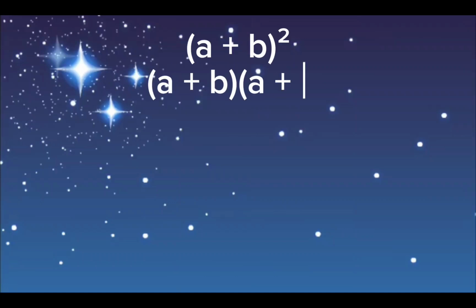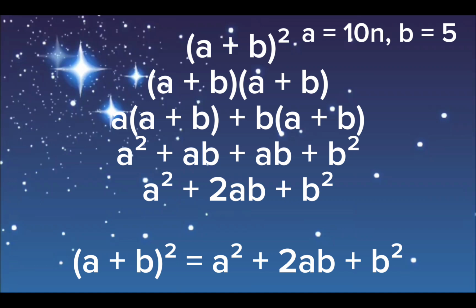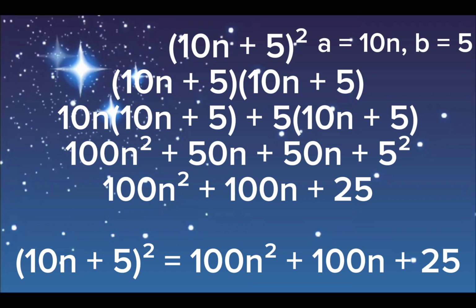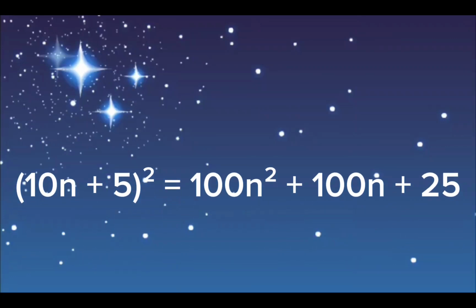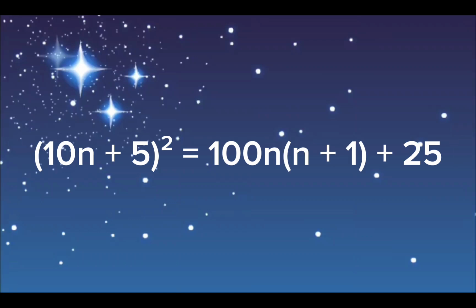If we follow the trinomial rule, by substituting a equals 10n, where 10n came from the tens place for any number, and b equals 5, we get 100n squared plus 100n plus 25. But look at the first and second term. They both have 100n in common, so factor it out, and we get 100n times (n + 1). This exactly fits into that ending-in-a-5 shortcut square we were talking about.